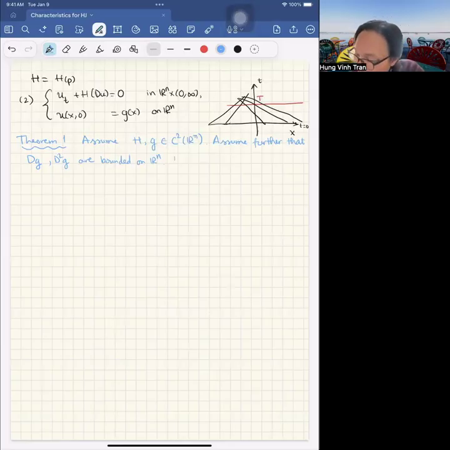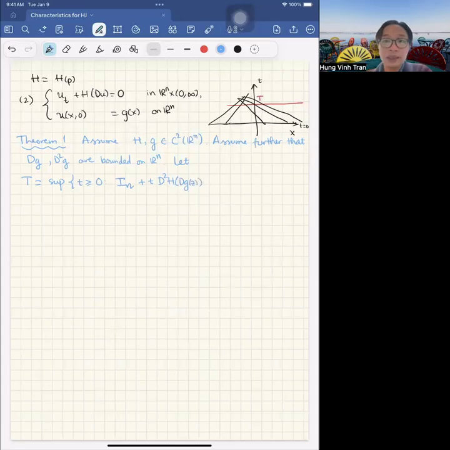Okay, I let the capital time T to be the supremum of possible small times t greater or equal to 0, so that I_n, the identity matrix of size n, plus t times D squared H evaluated at DG.